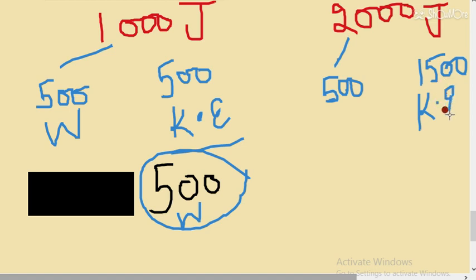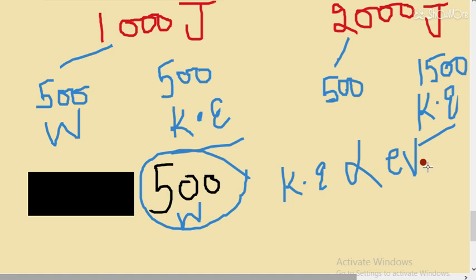Students, kinetic energy is directly proportional to the stopping potential, that is e into V naught. But right now you do not need to go there. You have to know that if the incident energy is more, then the kinetic energy will be more.